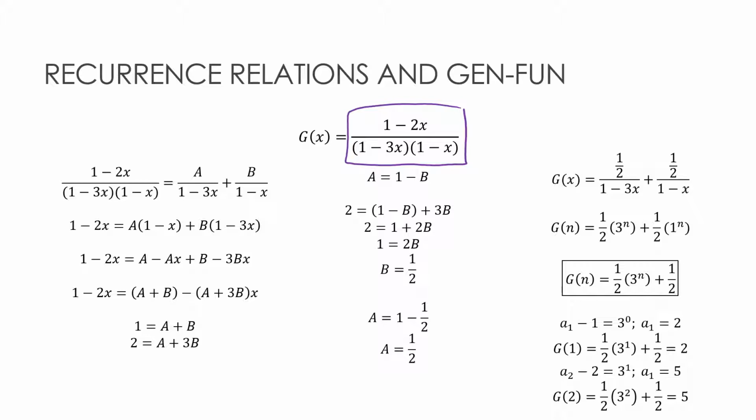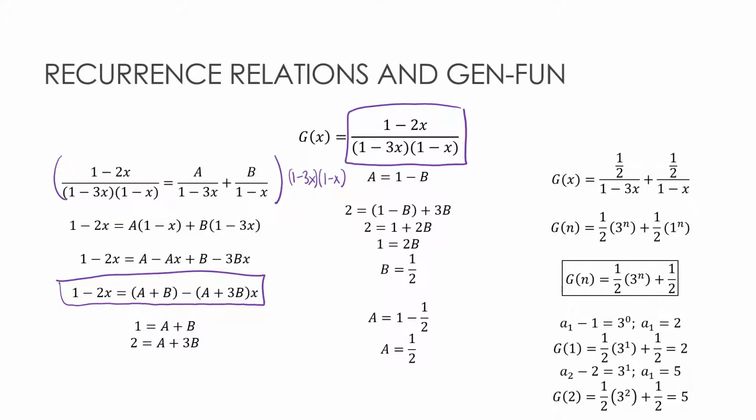So again, just as I did before, I'm multiplying every single term by that common denominator of 1 minus 3x and 1 minus x, which will give us varying degrees of things canceling out. So when I get to the bottom, I end up with 1 minus 2x equals a plus b minus a plus 3bx.